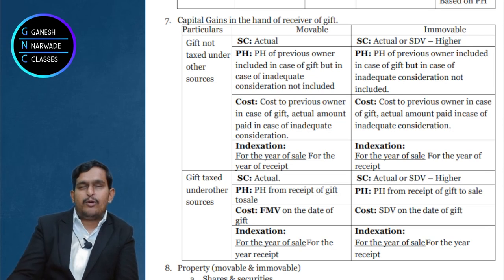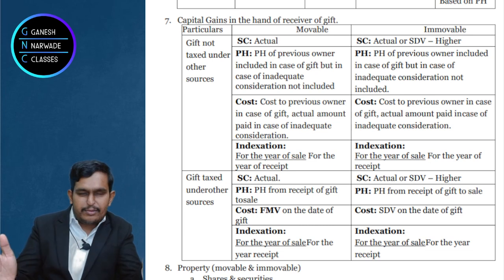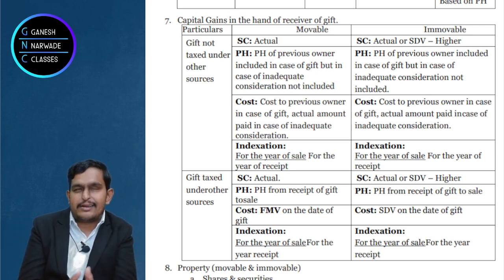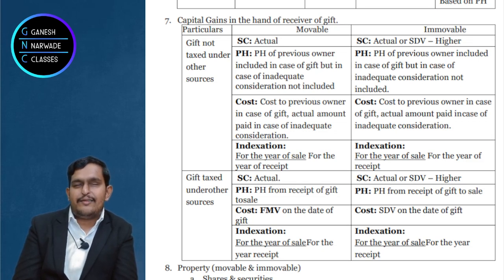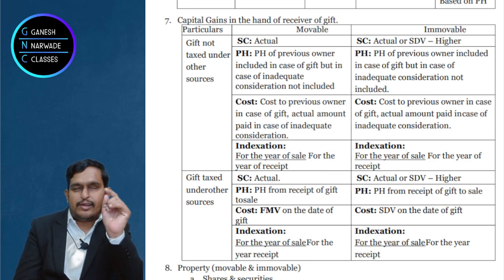Even the period of holding of the previous owner is counted to decide whether it is a long term or short term capital asset. Indexation will not change: index for the year of sale divided by index for the year in which you took the asset.